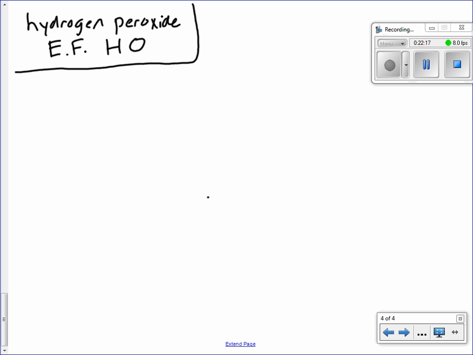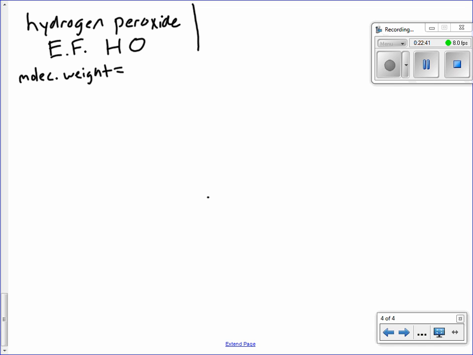Now, the molecular weight of hydrogen peroxide is going to be, let me add that below in the given box. The molecular weight, molar mass, formula weight, same number here.